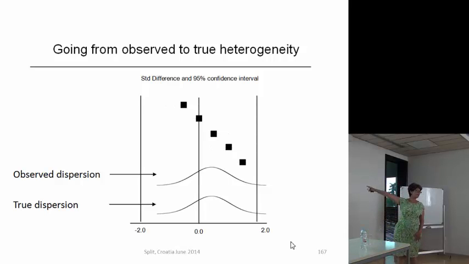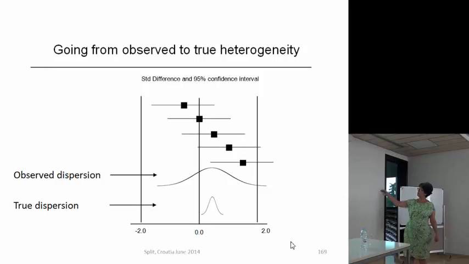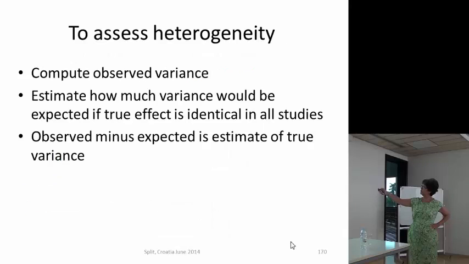When we have very, very precise effects, okay, then almost all of the dispersion is available for us to say is due to true study variation. When we have very imprecise effects, sampling error variance is going to suck up most of the variation, and there's going to be very little left over for us to try to model by looking at substantive or methodological covariates.